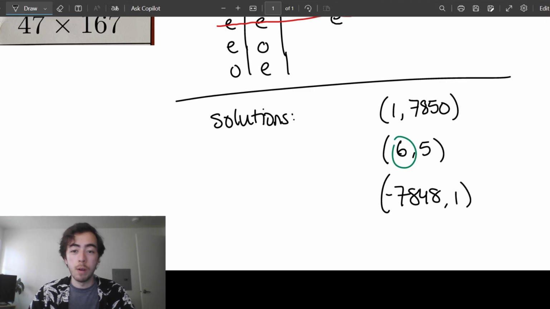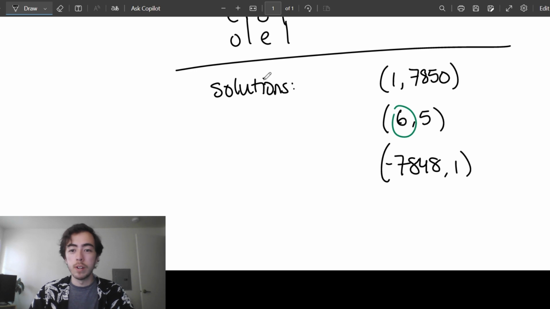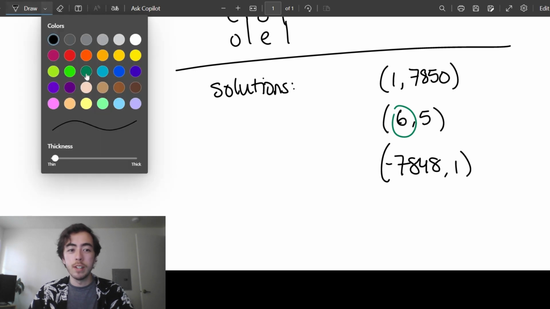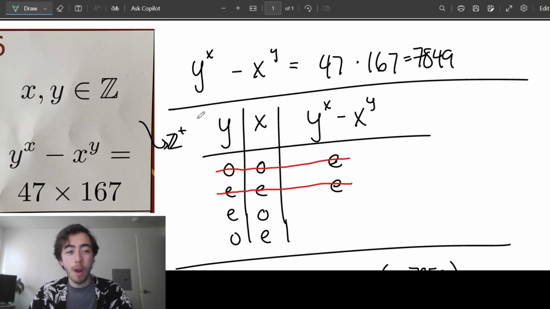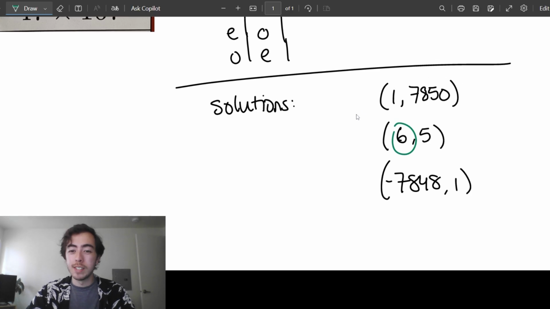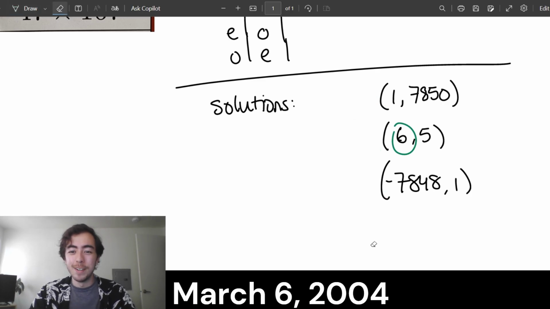So here are our three solutions written out on the whiteboard. X could have been 1, X could have been 6, or X could have been negative 7,848. So this problem could have corresponded with September 1st or September 6th or September negative 7,848, whatever day that is.